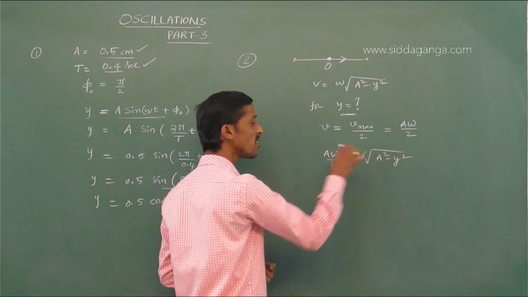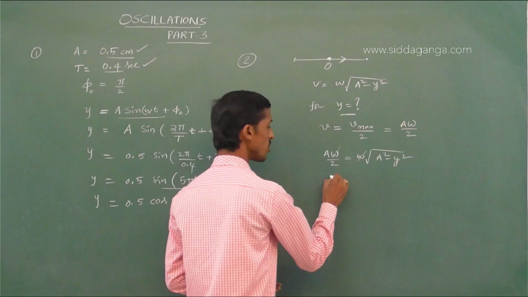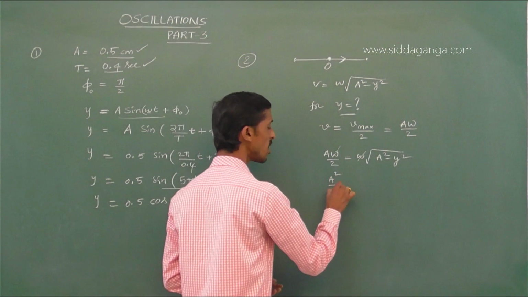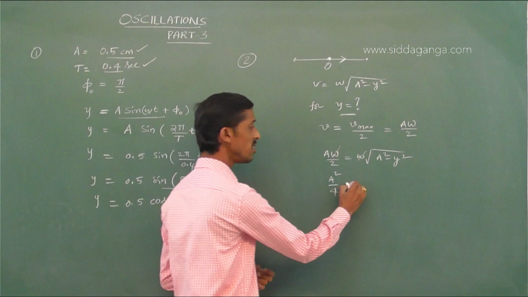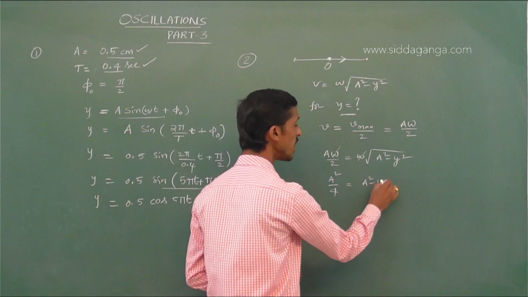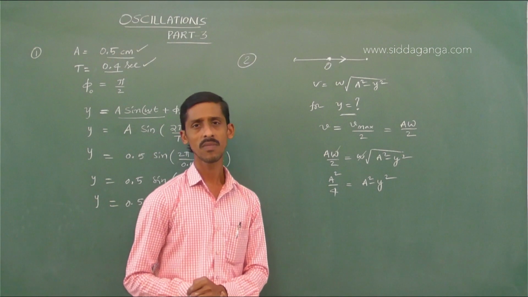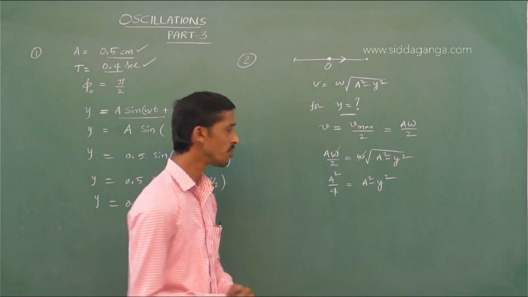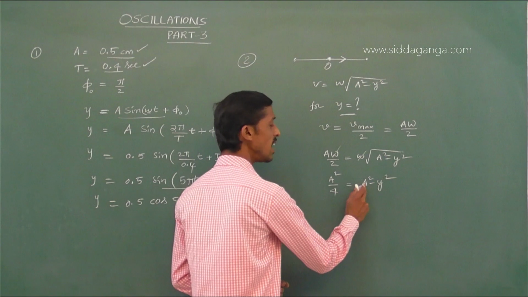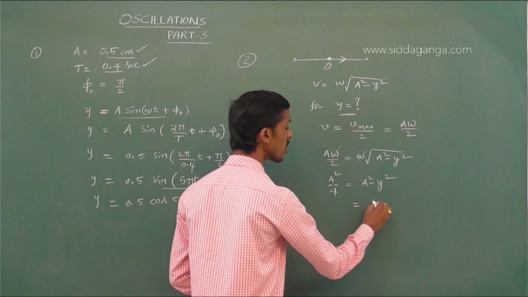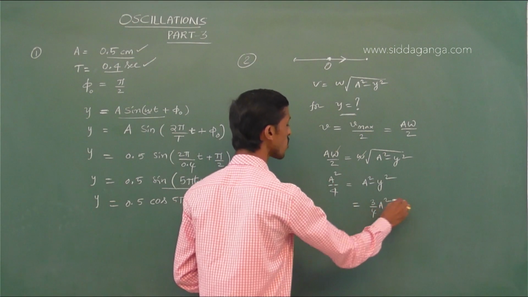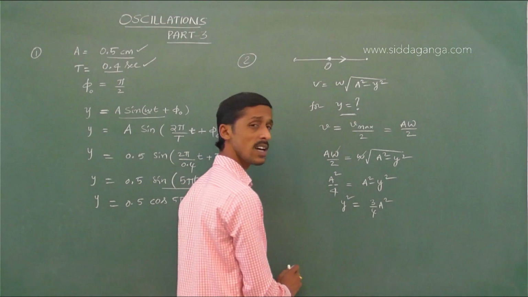Omega cancels. Squaring on both sides, A square by 4 is equal to A square minus y square. The options are in terms of amplitude. So A square minus A square by 4, that is 3 by 4 A square, is equal to y square.